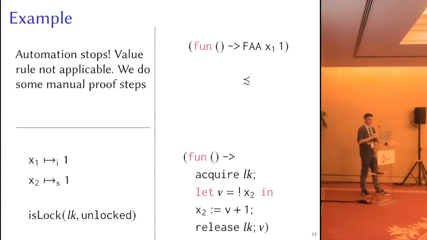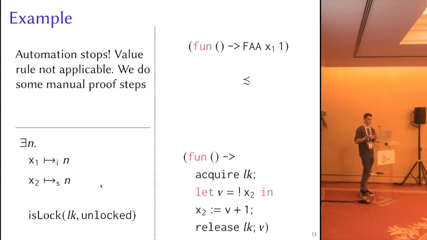So what do we do? We squint at this, and this invariant inference is currently out of scope for the automation. But we squint at this and we notice, okay, what keeps holding every time we call the closure? Well, surely there's some number which these locations point to. And since we want to prove that these two closures can return the same value, we want to say that the actual values are the same.